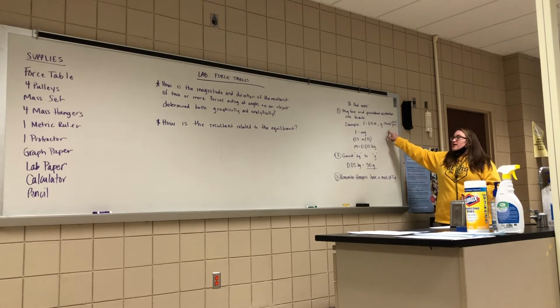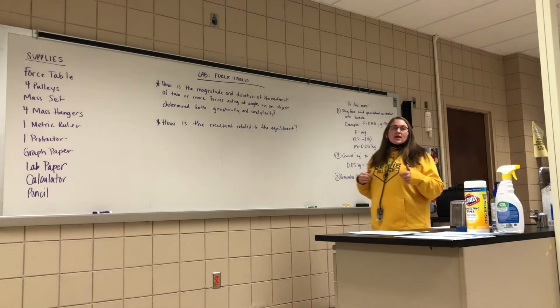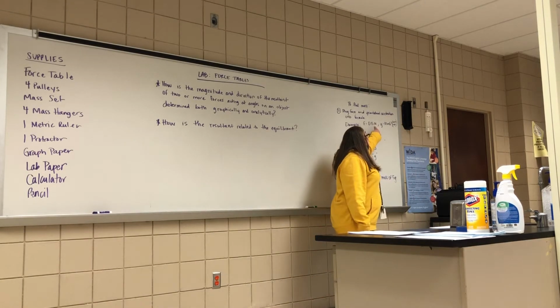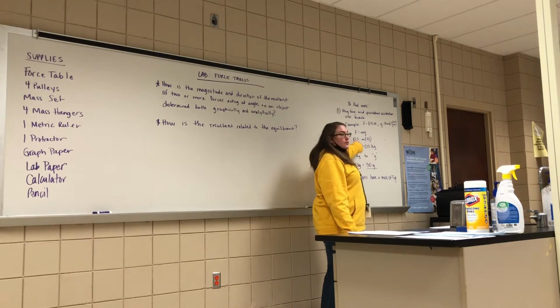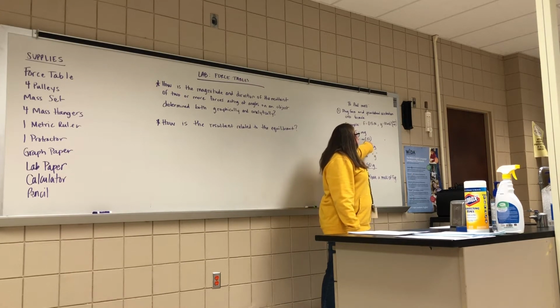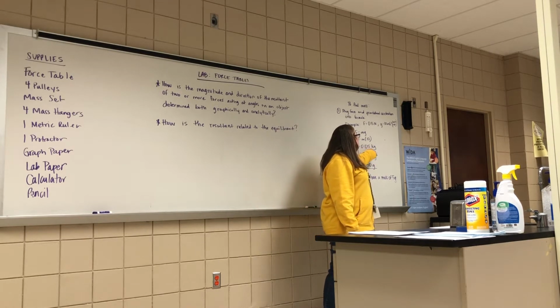So for example, if the lab tells you to create a 0.5 Newton force, I'm going to plug that into the formula here. 0.5 equals mass times g. I plugged in 10 for my g, and I get my mass as 0.05 kilograms.